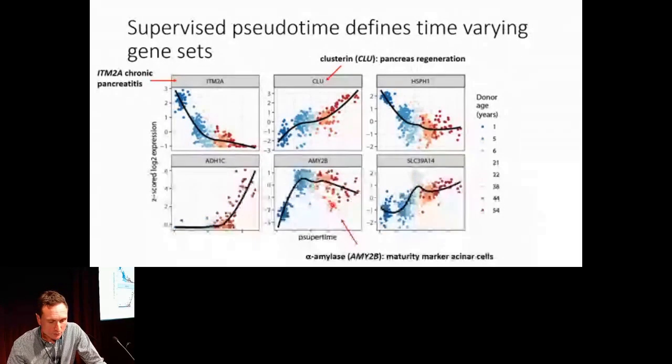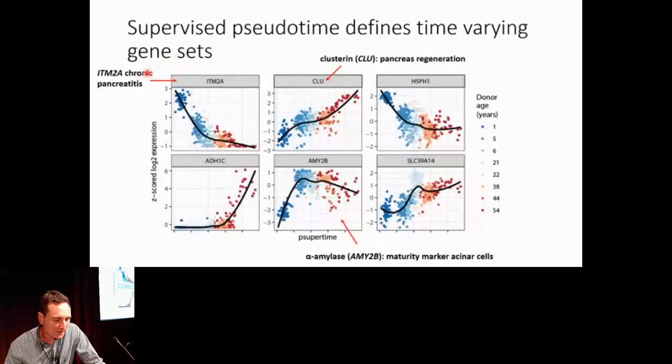So for instance, you see the gene encoding alpha amylase popping up as being important. That is a known maturity marker of acinar cells. You see, for instance, clusterin as the second most important gene. This is also a gene that is known in the context of pancreas regeneration.